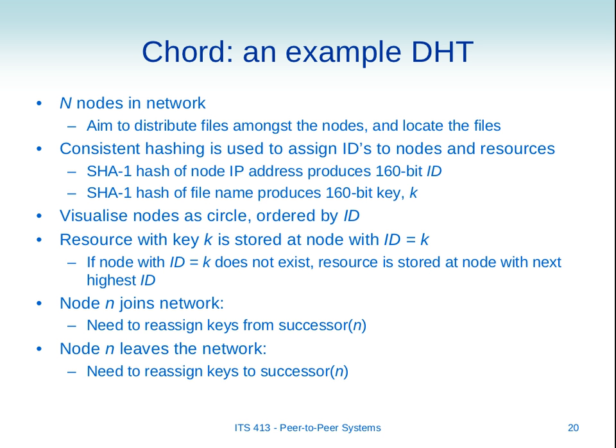We think of the nodes as some circle, ordered by their ID. Not all nodes exist. So the idea is that a resource with key K is stored at the node with the same ID, but if that node doesn't exist, the resource is stored at the next node around in the ring.